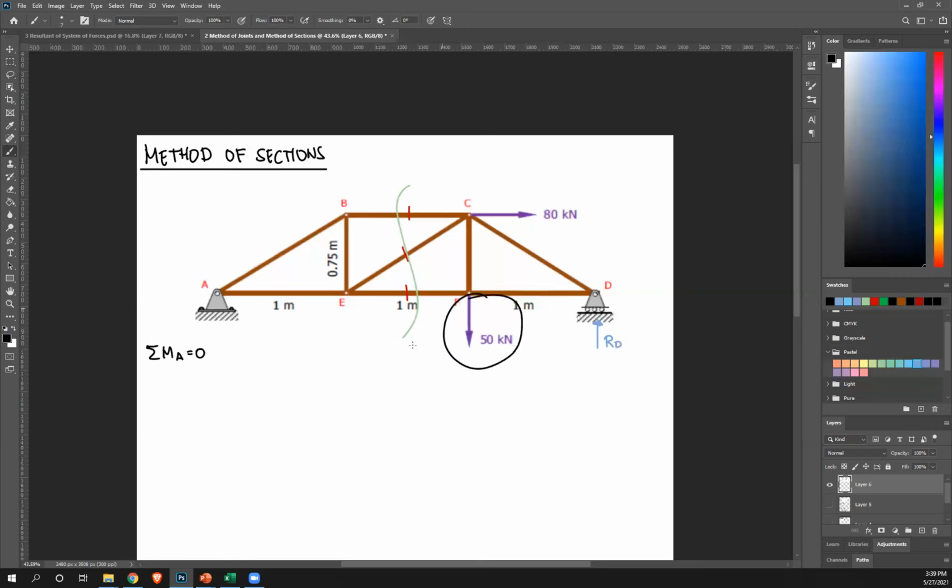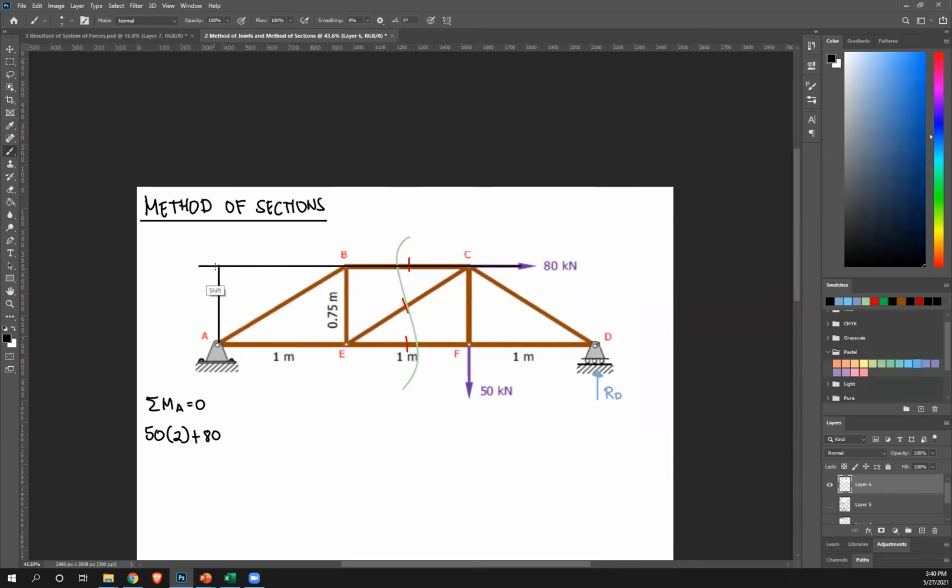Okay, next 50. Rotate it at A. That's clockwise, therefore positive 50. And then get its distance. So that's 1 plus 1. Next, 80. Rotate it about A again. That's clockwise. Once again, it's positive. So plus 80, perpendicular distance. We can extend the line of action of this.